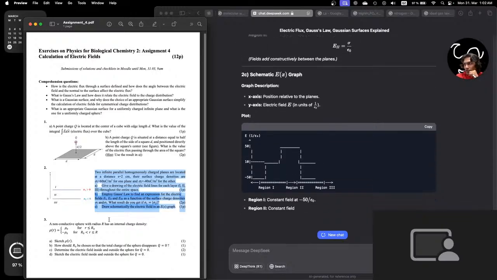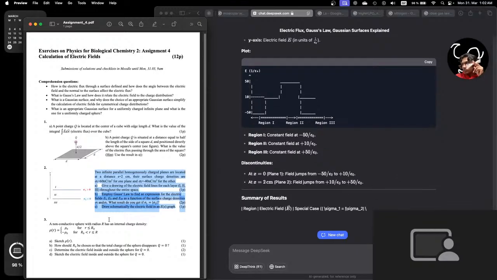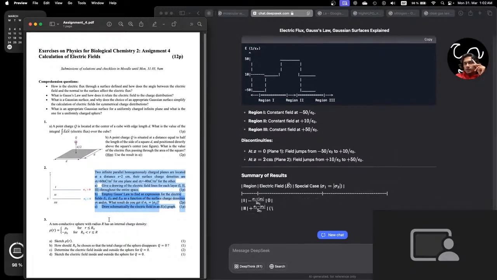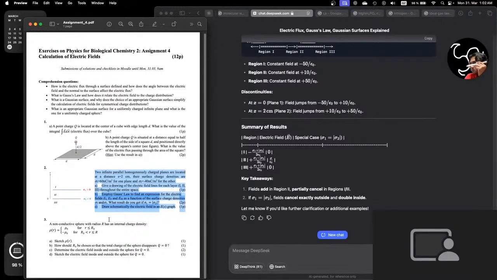Give a drawing of the electric field lines for each layer, 1 and 2. I believe it's like coming out from the planes. Employ Gauss's law to find an expression for the electric fields E1, E2 as a function of the surface charge densities.